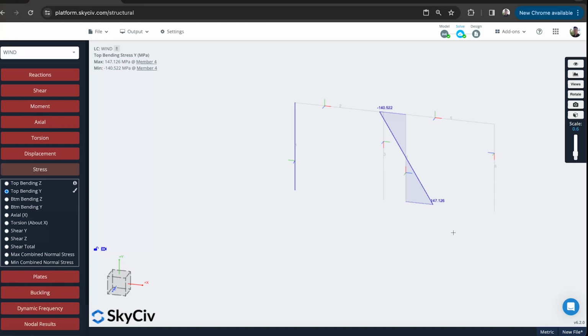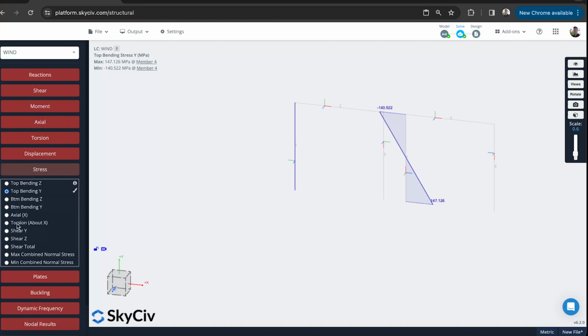Once again, 25 megapascals to 147 megapascals in this case, there's quite a big difference between those, and obviously orientating your member in the correct way is going to help you design a more efficient structure, and a more safe structure as well.